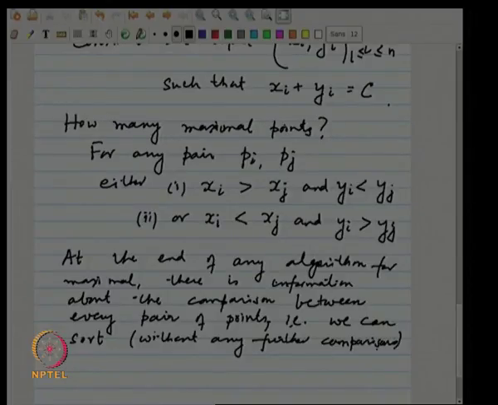It does not mean that every pair of points has been compared, but there should be enough information in the end so that if we pick any 2 points, we know either condition 1 is satisfied or condition 2 is satisfied, which means that with this information one can sort.